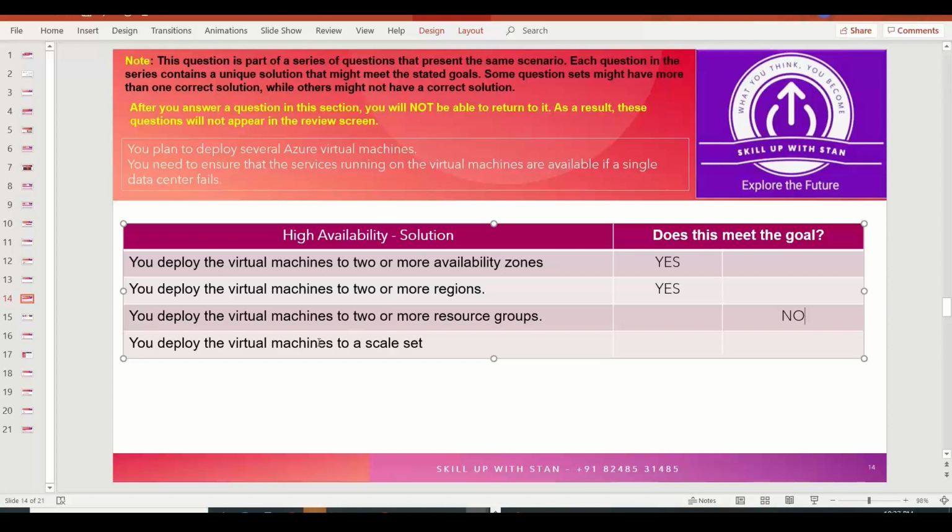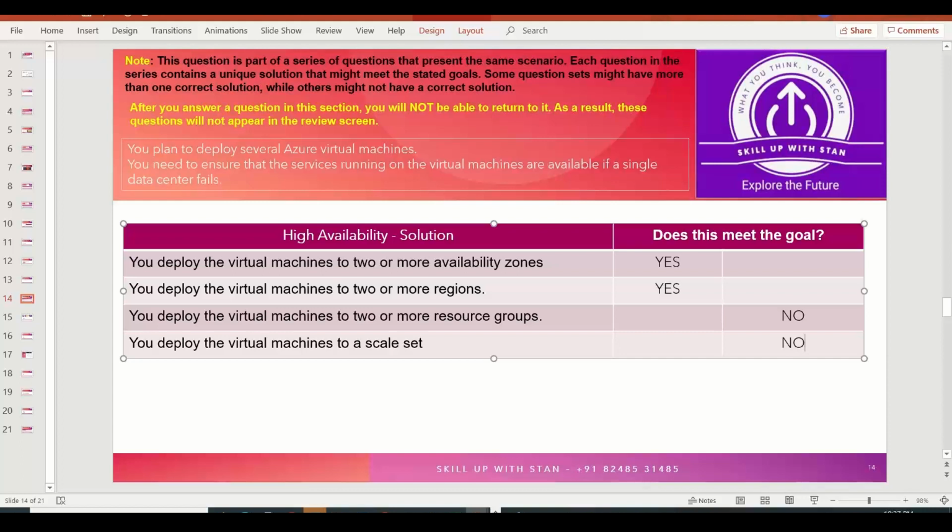You deploy the virtual machine to a scale set. That is also an auto scaling concept. A scale set is nothing but deploying in auto scaling. This is mainly to have better performance for your application. Whenever there is an increase in load, the virtual machines will get increased, and whenever the load decreases, the virtual machines will get decommissioned.